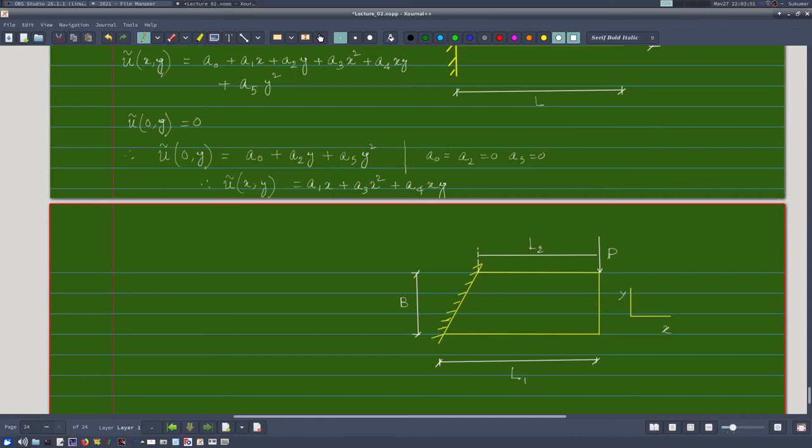Now here you see, earlier at x equal to 0, my deformation was 0. Now deformation is 0 at different values of x and y. And this problem makes it even more difficult to find an admissible solution. So it is almost impossible.